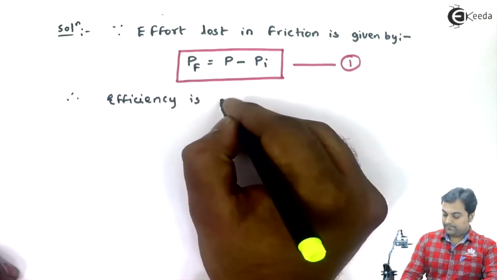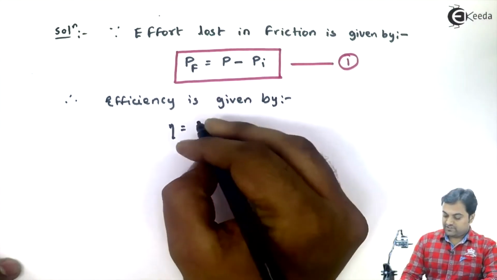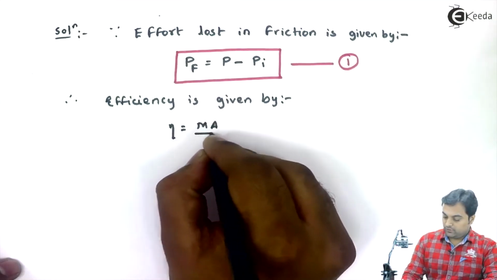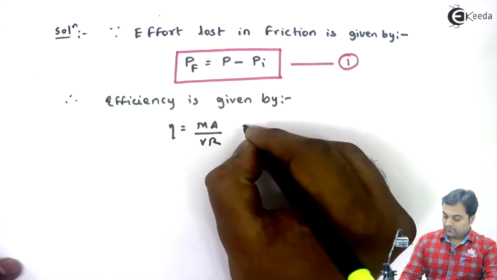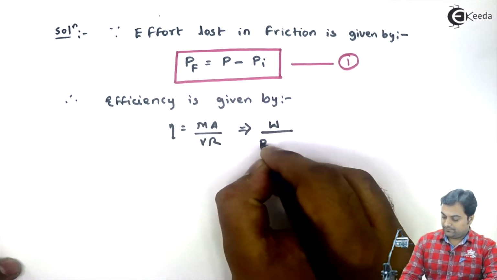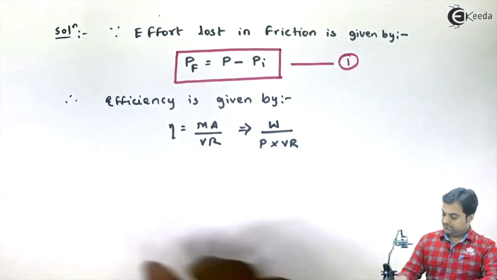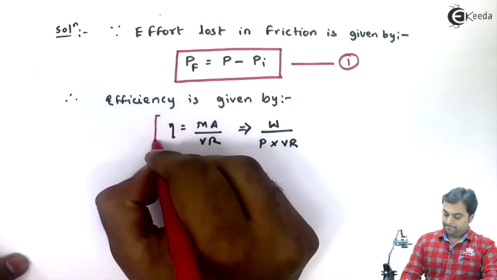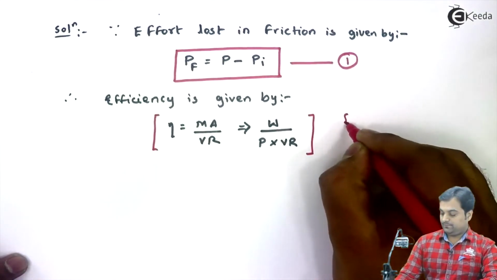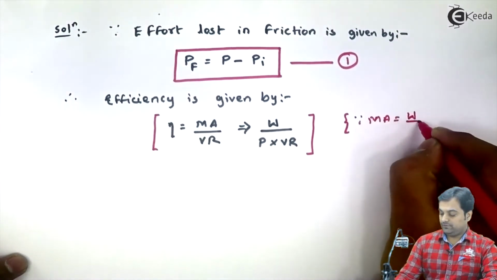After this, therefore efficiency is given by mechanical advantage upon velocity ratio, which is also equal to load upon effort into velocity ratio, because mechanical advantage is equal to load upon effort.